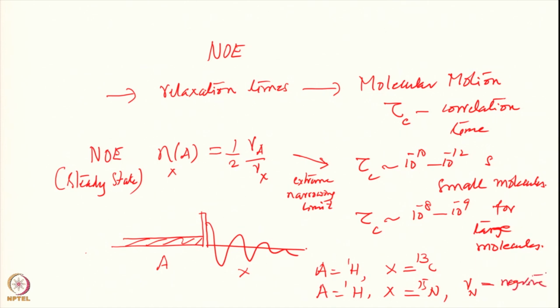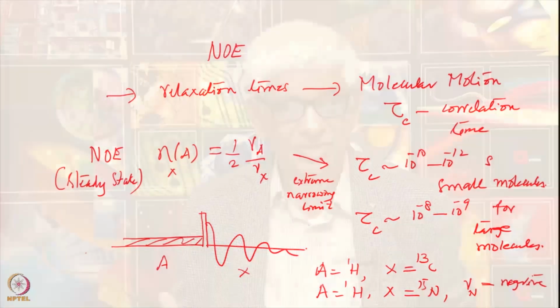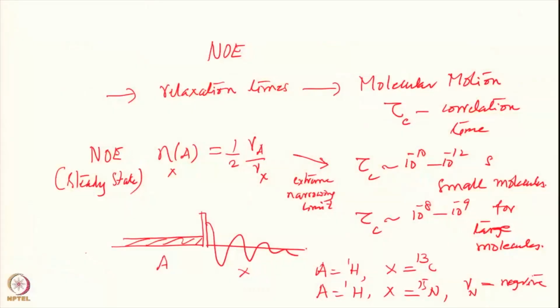So therefore you will get a negative enhancement there, and that will be a factor of 5, because gamma A by gamma x there is 10, multiplied by half, then you get a minus 5. So even in the extreme narrowing limit, when you are talking about heteronuclear NOE, proton nitrogen, it is minus 5, and proton carbon it is plus 2. So these are the factors one has to remember when studying these experiments in the steady state NOE.